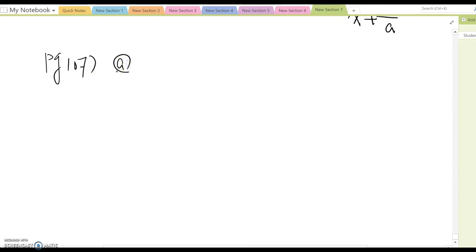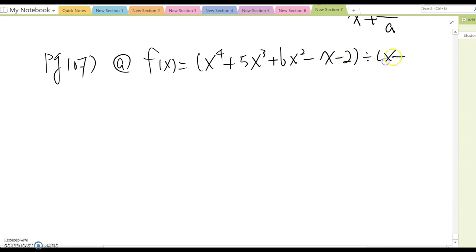Letter A, which is f(x) equal to x fourth plus 5x cubed plus 6x squared minus x minus 2, divided by x plus 2. So now we are solving this one by synthetic division.